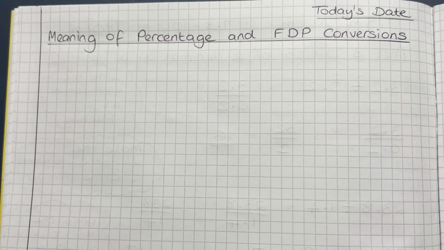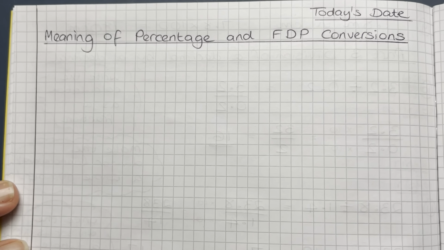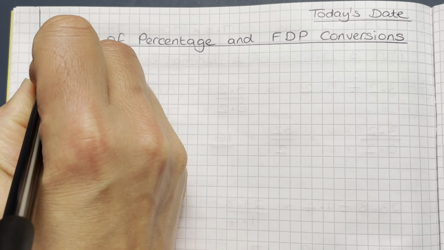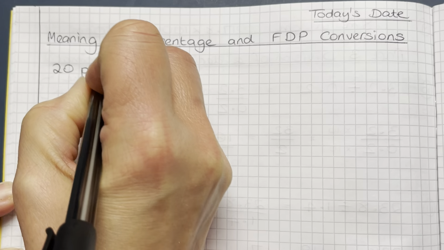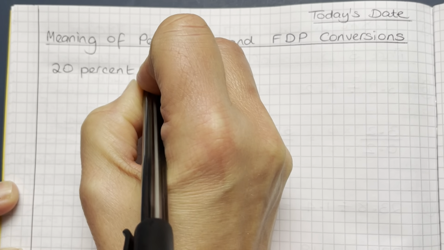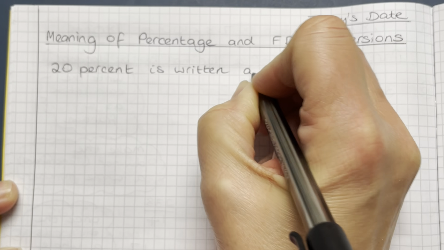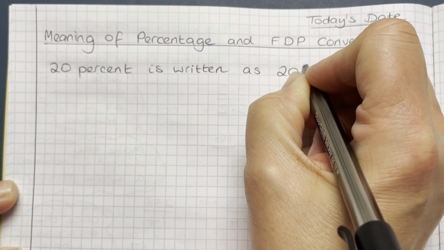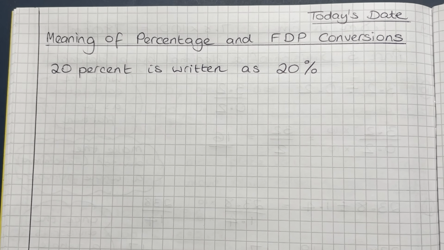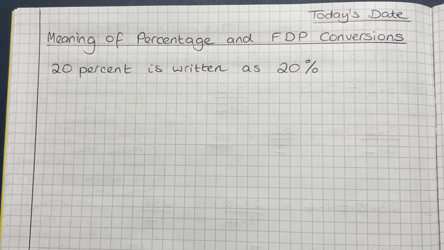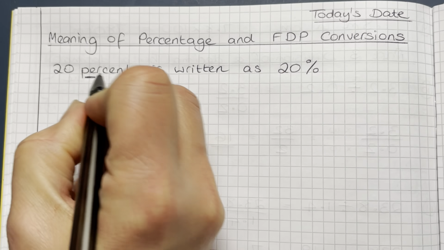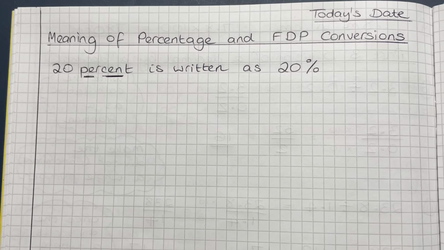Firstly, let's just talk about what it looks like. So we write 20%, for example, as 20%. I'm sure most of you have seen that percentage sign. But what does percent actually mean?